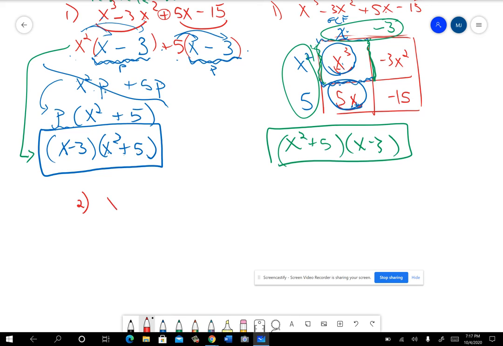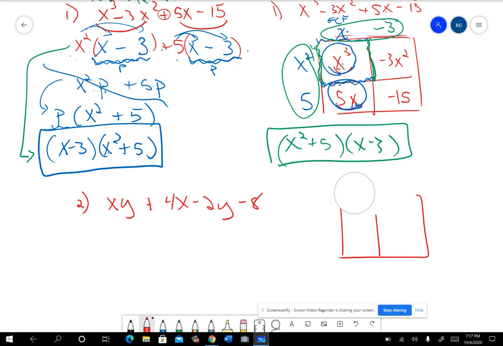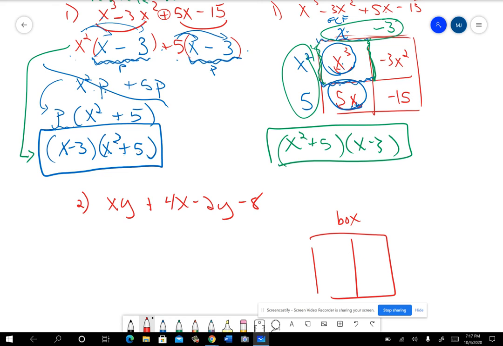All right, so what if we had this to factor? xy plus 4x minus 2y minus 8. And let's suppose we're going to start with the box. Let me move that down a little bit. Okay. All right, so let's use the box idea. Okay, I need to move that up. Sorry.